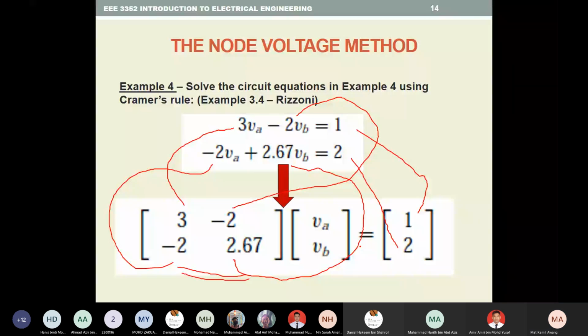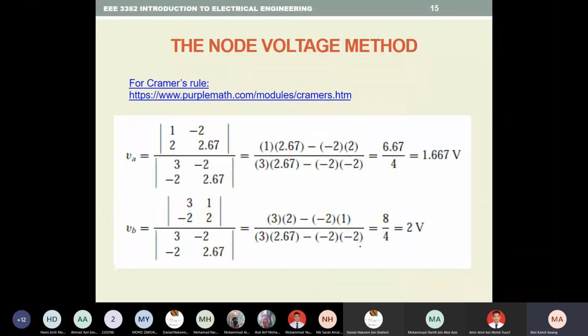And from here, you can use Cramer's rule, because some of the exams ask you to solve using Cramer's rule. If you want to read about Cramer's rule, you can go through this website for the details.